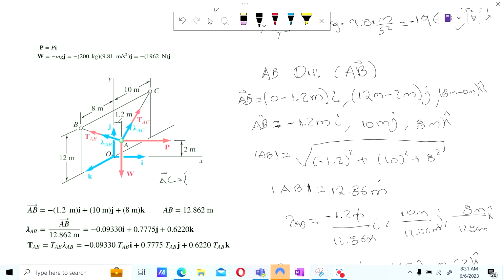So in X, head of X is at 0, tail is at negative 1.2 meters, comma, head in Y is at 12 and is the same point as before for Y. So it's going to be 12 minus 2 is 10 meters, comma.